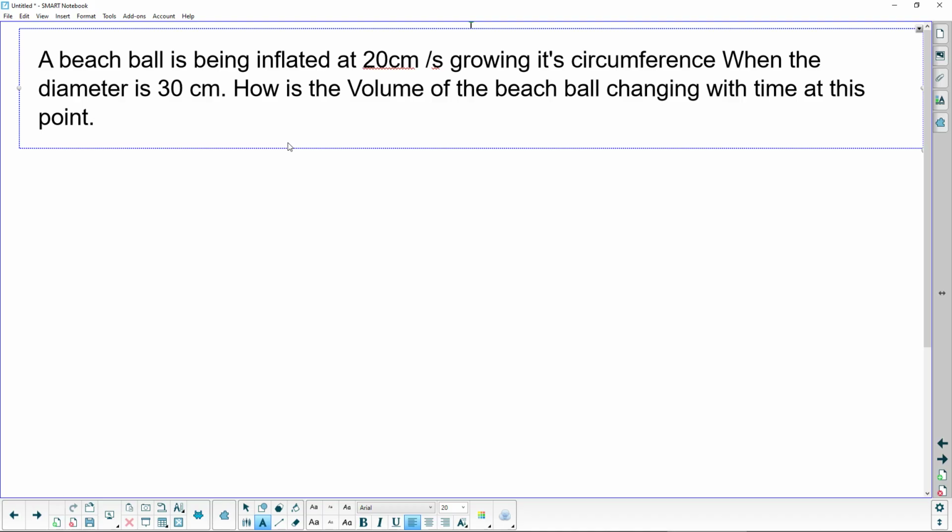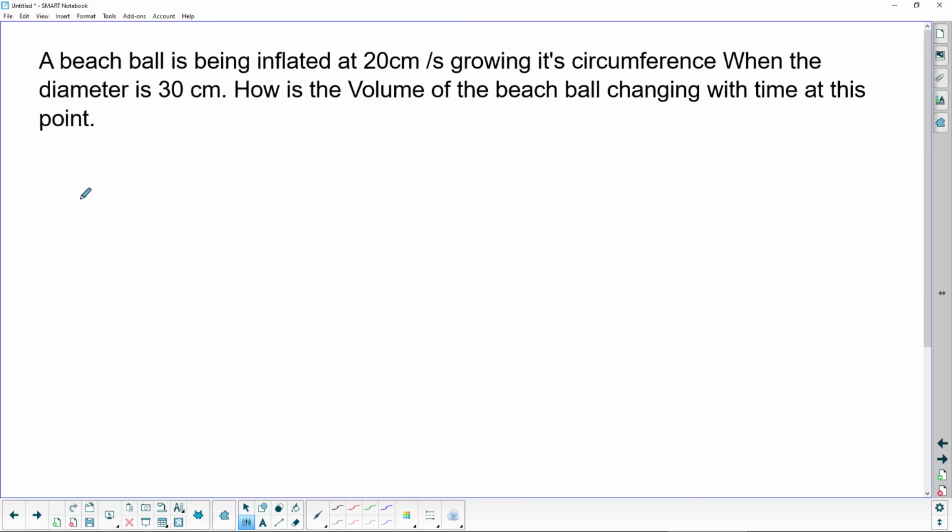Okay, so the first thing we know, we're going to define that we know that dC/dt is 20 centimeters a second. Okay, and we know that we want to get volume, but the thing that relates volume is not dC/dt, it's dr/dt.